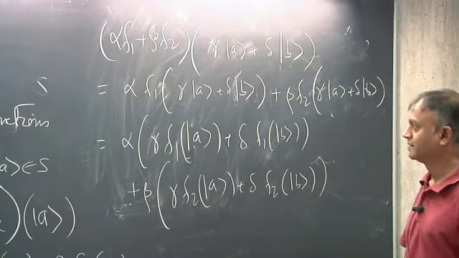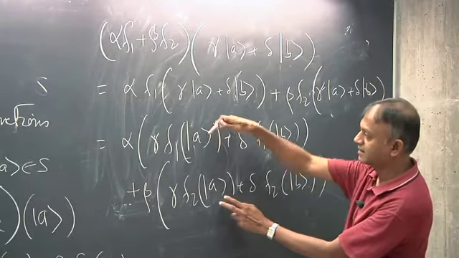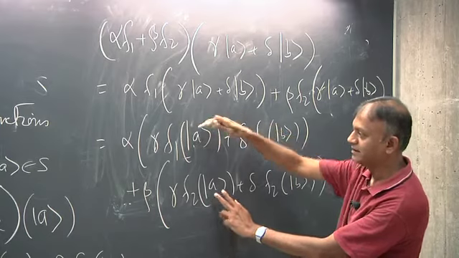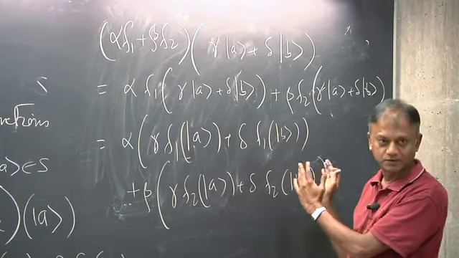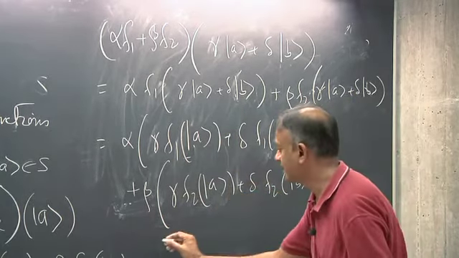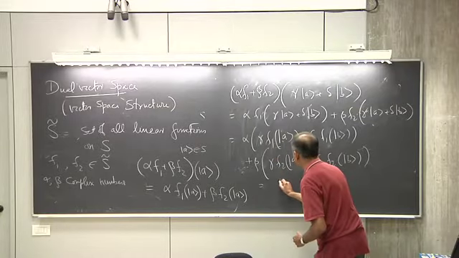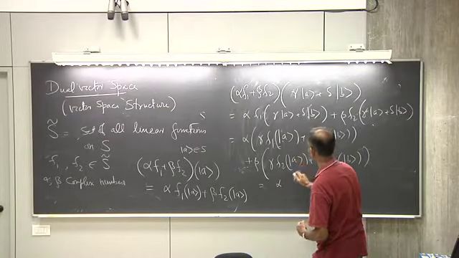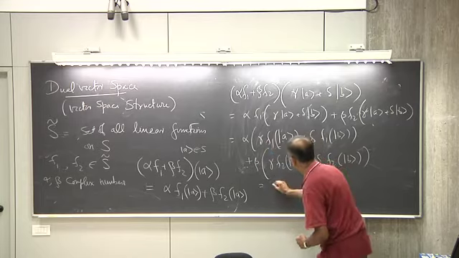Okay. Now let's take all the terms which depend on A together and B separately together. So here you see I can rearrange. Let's put gamma outside here.